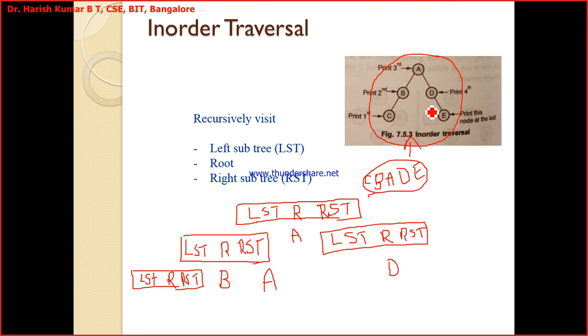Yes, sir. For D, is there a left subtree? No, sir, so I don't expand this now. And for D, is there a right subtree? Yes. I'll expand this RST again recursively as LST, R, RST.